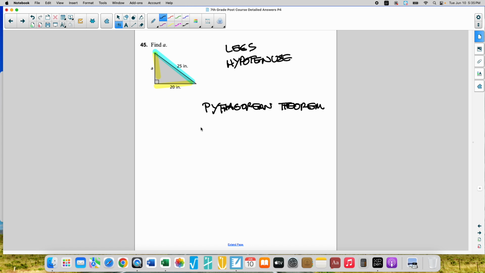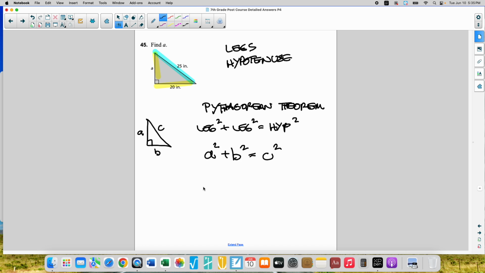And so leg squared plus the other leg squared should equal the hypotenuse squared. And that theorem actually looks like a squared plus b squared equals c squared. When you have a right triangle, the legs are a and b, and the hypotenuse is c.